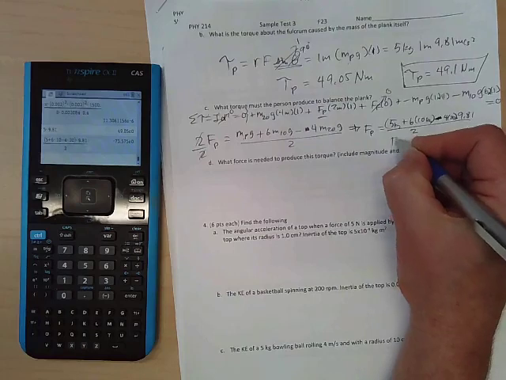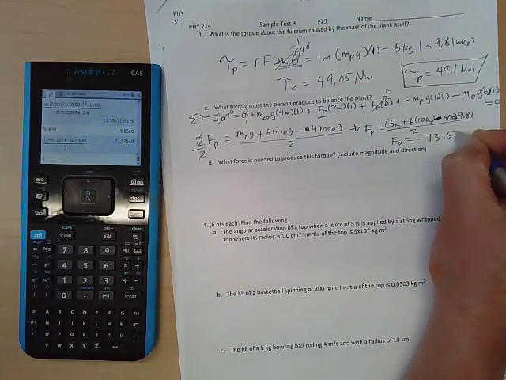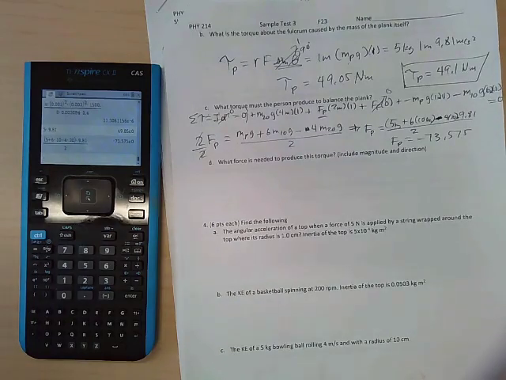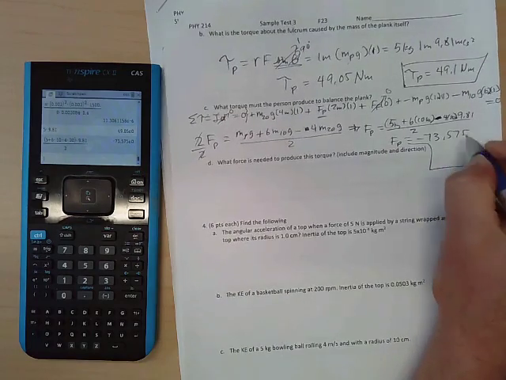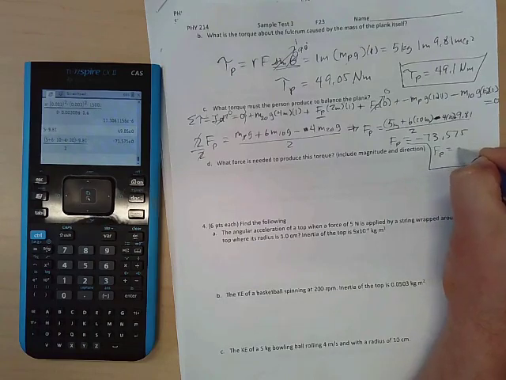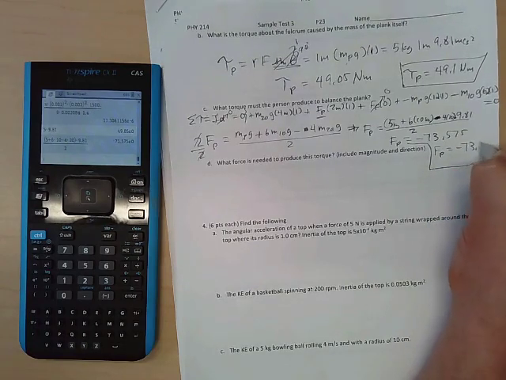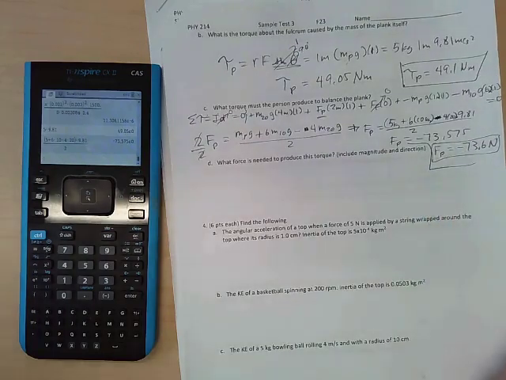We get force of the person, negative 73.575. So we did estimate the direction wrong. So force of the person is negative 73.6 newtons. That's not what I was asking for.